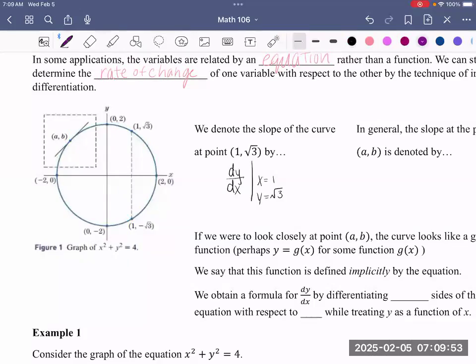So again, dy/dx is the slope. And in the end, we will substitute in these two variables.